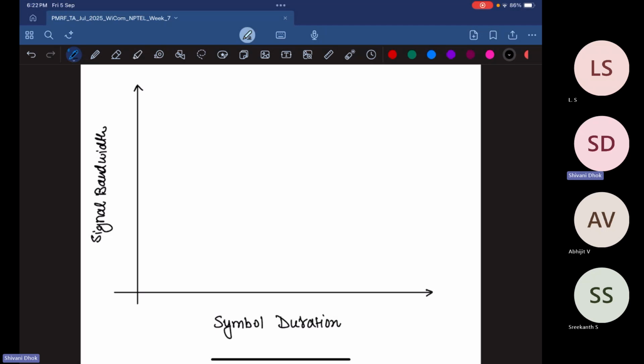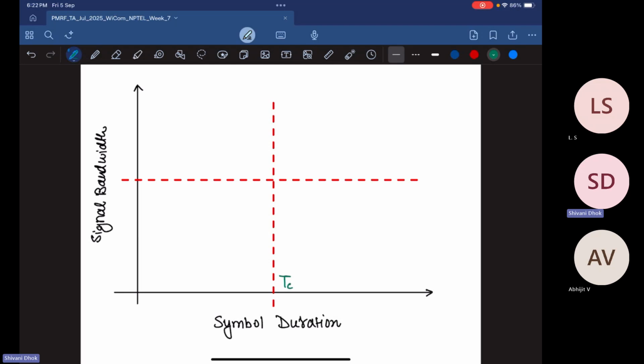And then we divided this into 4 parts. The demarcating point on the time axis or duration axis was the coherence time, that is Tc, and on the bandwidth axis was the coherence bandwidth, that is Bc.